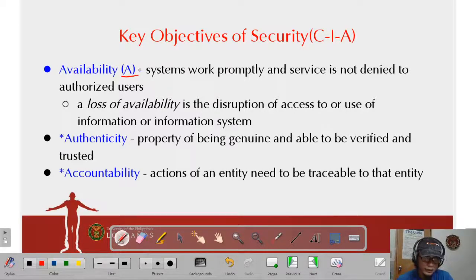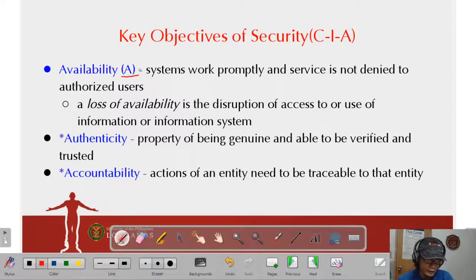For example, a malicious user or an attacker performed a denial of service attack on the SAIS information system. One way to perform a denial of service attack is to send a large volume of invalid requests to the service.